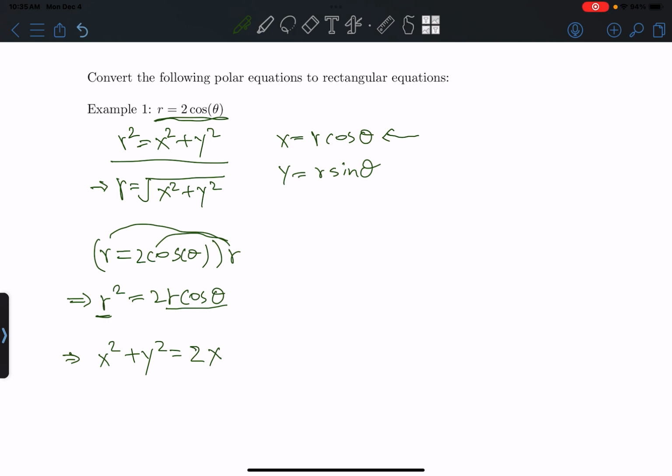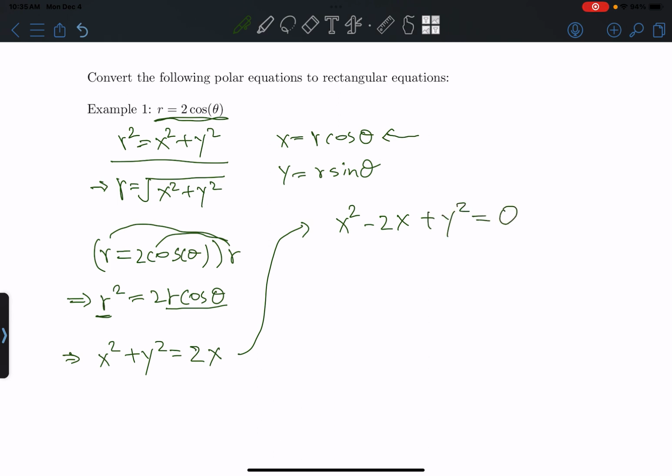Now technically this is already an equation in rectangular coordinates, but we can do a little bit better to see exactly what this function does. The way we're going to do that is simply by subtracting 2x on both sides, and we get x squared minus 2x plus y squared equals 0.